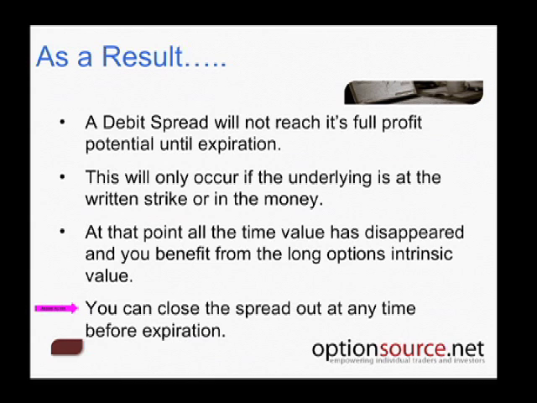So we have to understand that we can close the spread out at any time before expiration. A lot of times, individuals will say, I'm not going to recognize my full profit until expiration, so I want to hold it as long as I can. We have to understand that the spread strategy is still subject to directional bias.